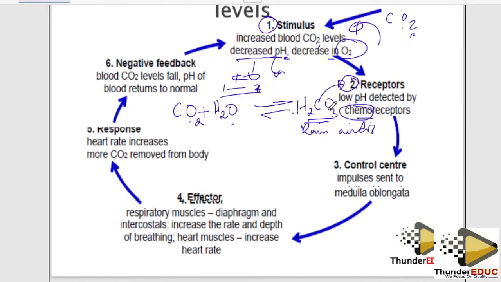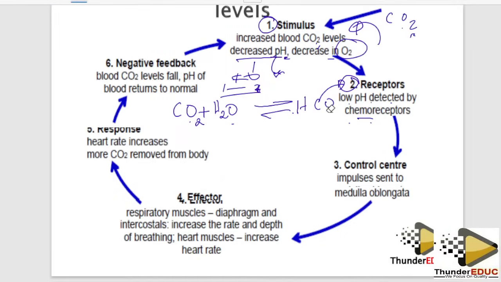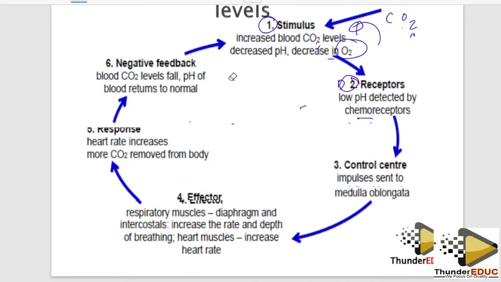Number three, now the moment receptors detect, what is the next step? The receptors will detect, and then they will have to send an impulse. Remember that receptors are always sensory cells, basically. When you go to the nervous system, the sensory cells will change this message of chemical into a nerve impulse.